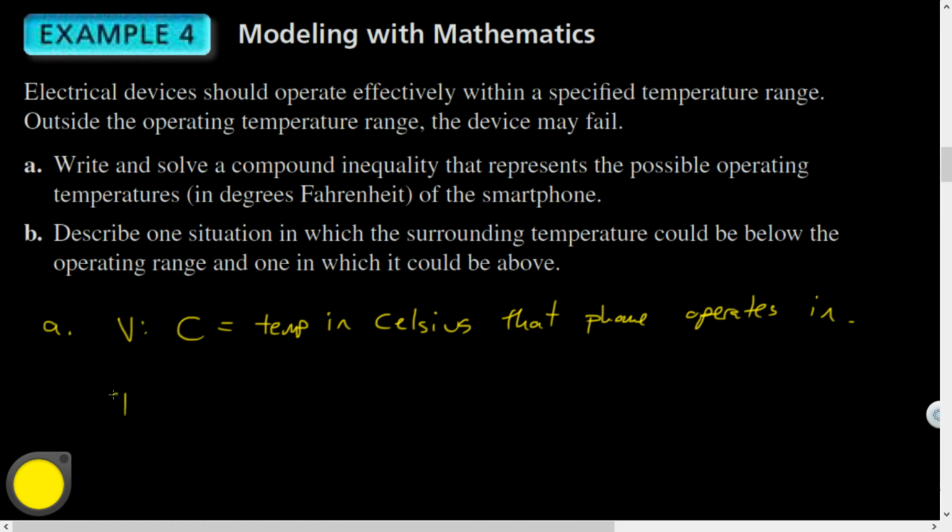So let's write our compound inequality. I'm saying it's going to be somewhere between 0 and 35. So I'll say 0 is less than or equal to C is less than or equal to 35. Okay? That's my inequality.